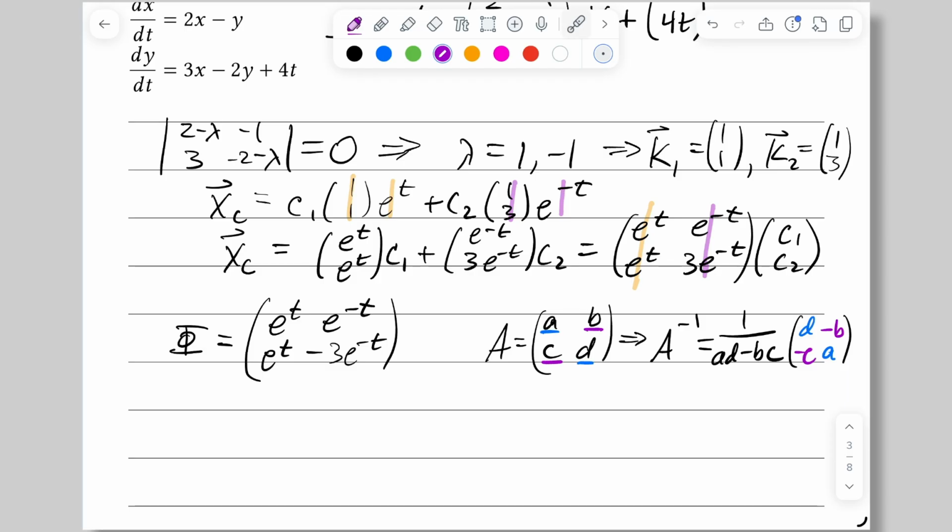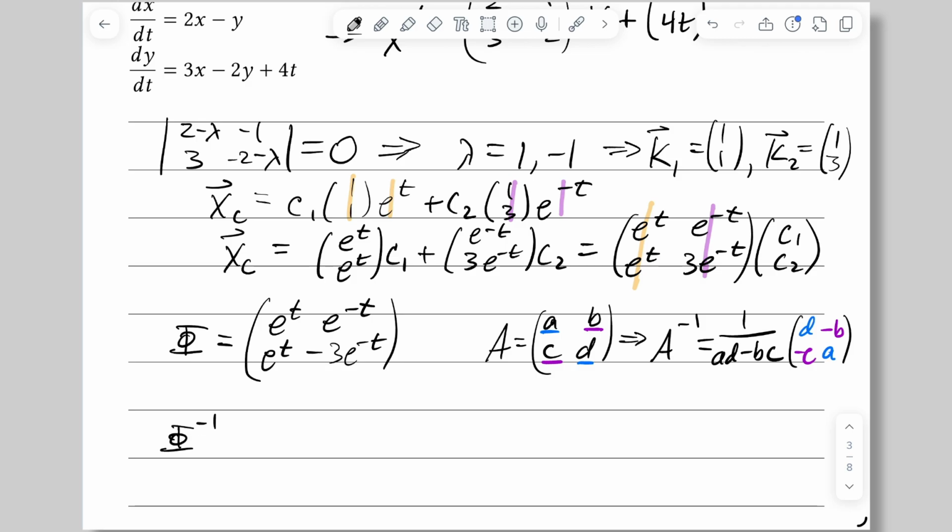So the inverse of the 2 by 2 matrix is 1 over ad minus bc times the matrix [d, -b; -c, a]. In the 3 by 3 case, it's of course more involved, and we can talk about that at another time.